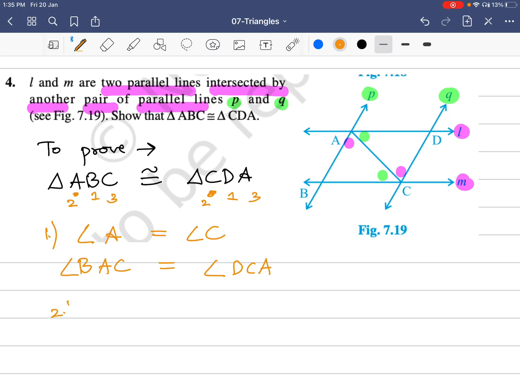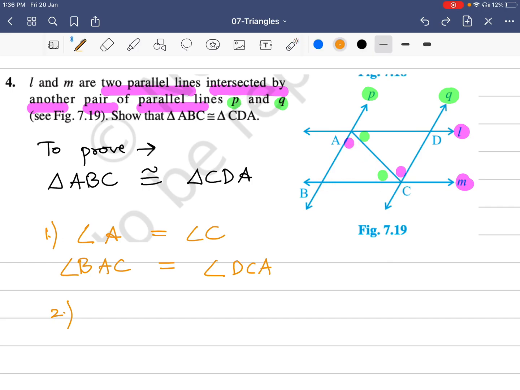Okay, next, let me just erase this. BAC is done. Now we have to focus on this green one, which is BCA.